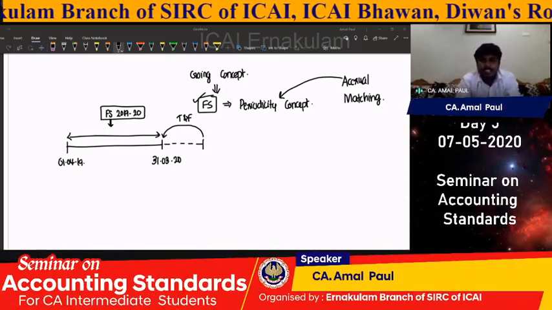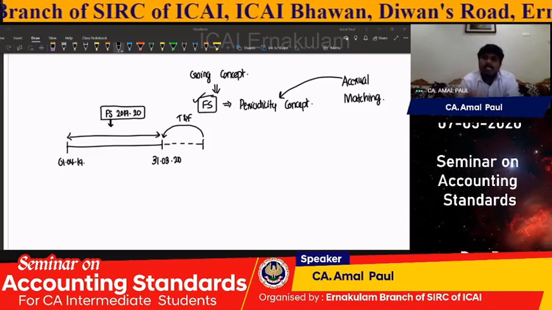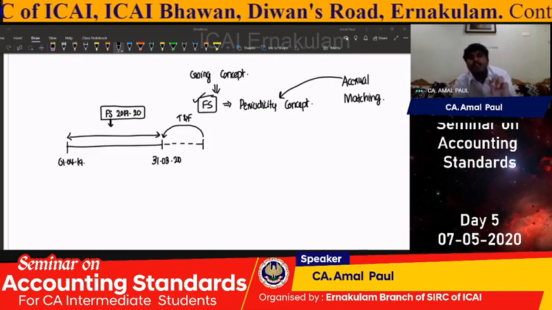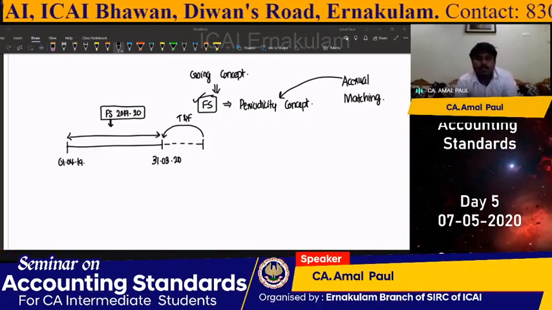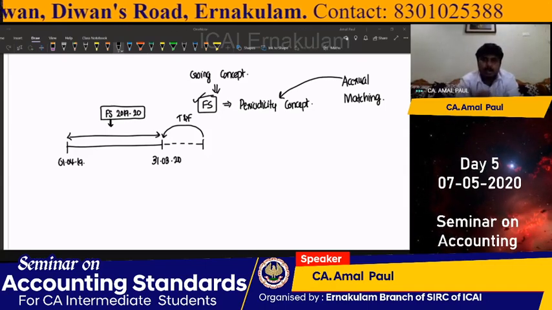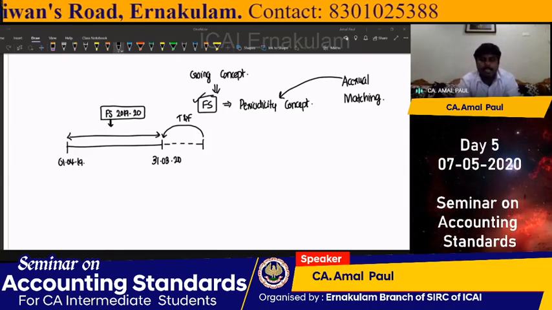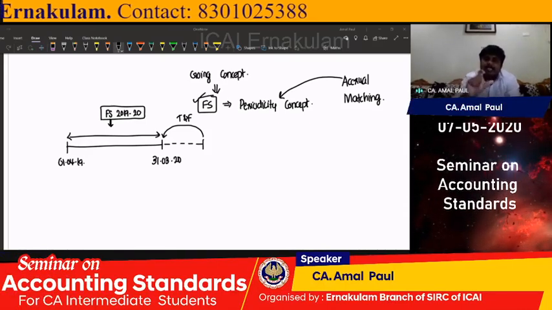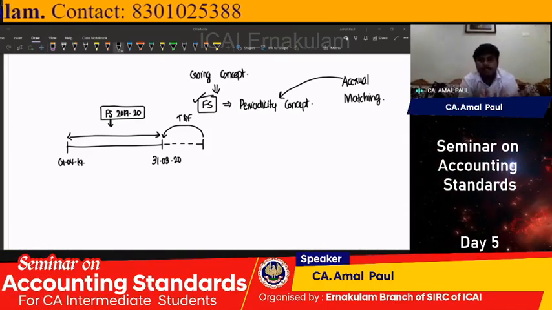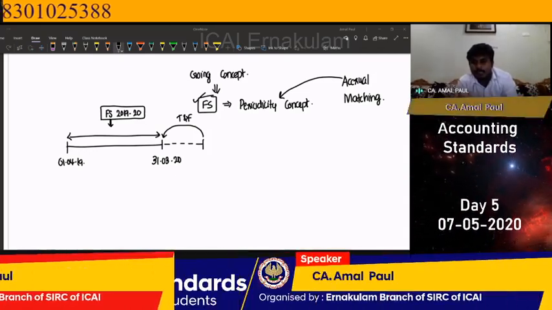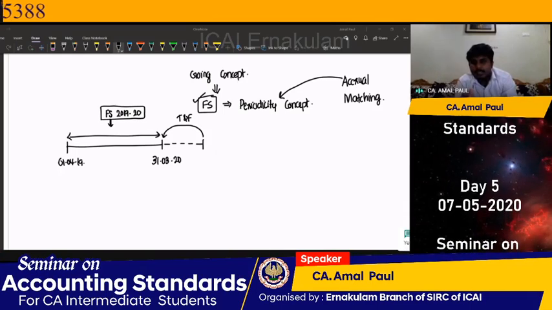Unless we adjust those items, our financial statements will not reflect a true and fair view. In order to make that possible, the standard gives an exception to the periodicity concept. Okay, are you clear with this?